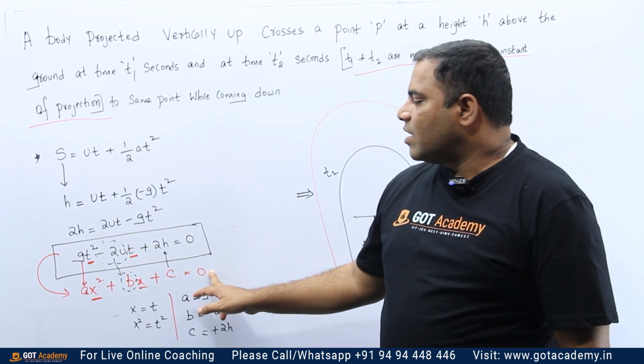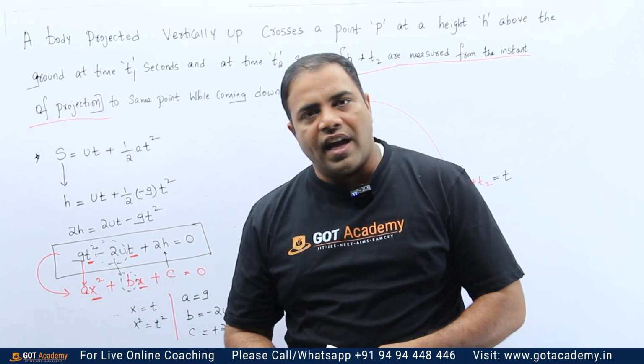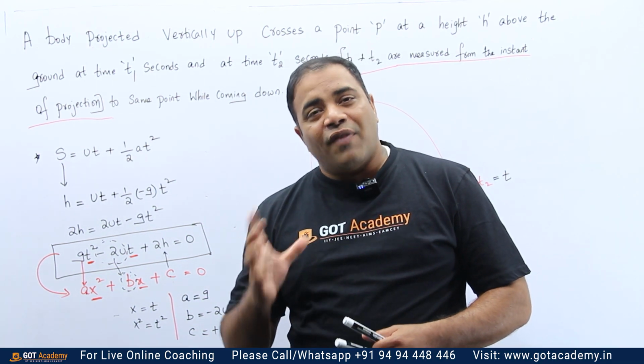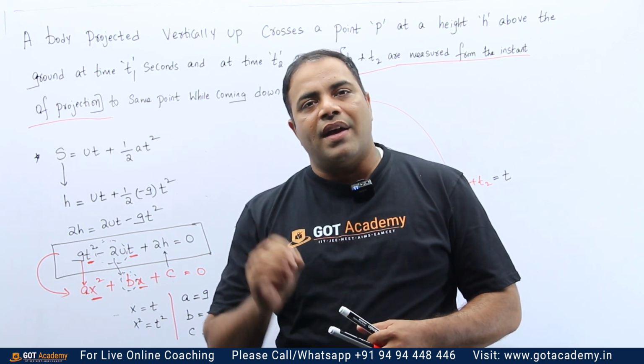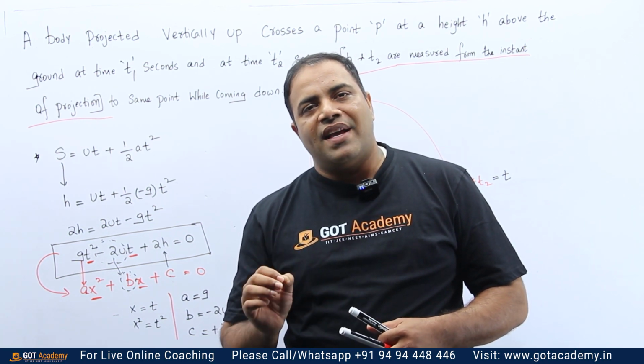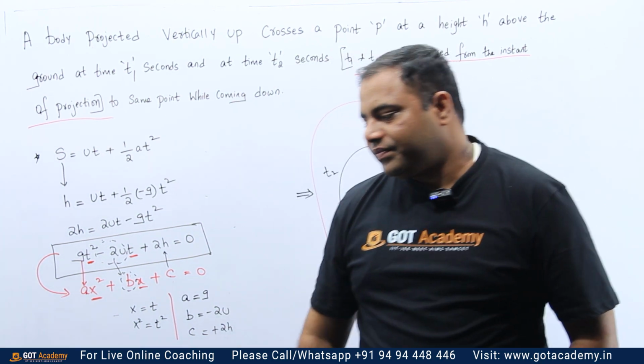From the basic concept of the quadratic equation which you have studied in school, in 8th, 9th and 10th, you have defined the root of x as minus b plus or minus root of b square minus 4ac, by 2a.